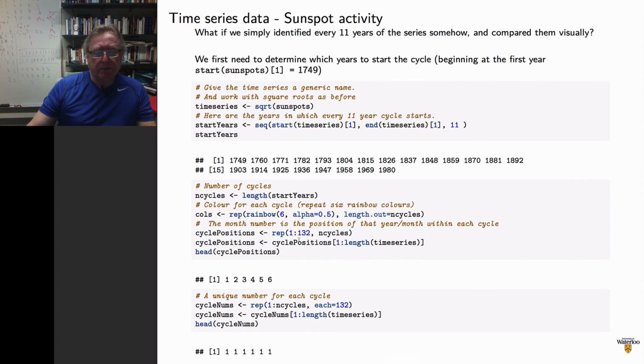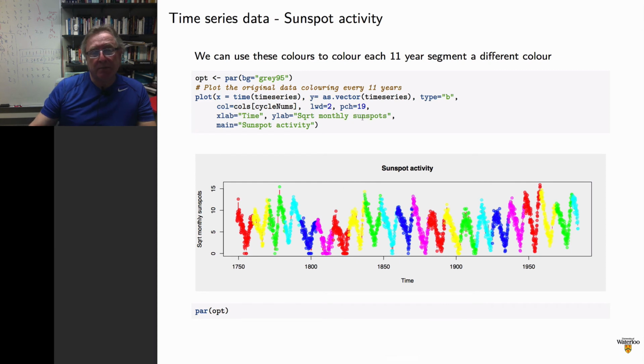What I'm going to do is repeat the month numbers, 1 to 132, that's how many months there are in 11 years, and repeat that for every cycle. Okay, so for that many cycles. Right, and finally, you can see that each cycle has a unique number. So that done, I can color them.